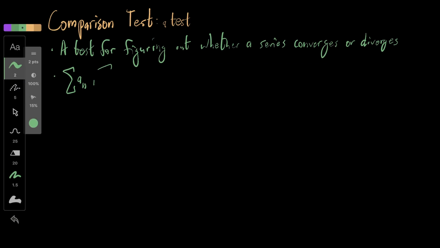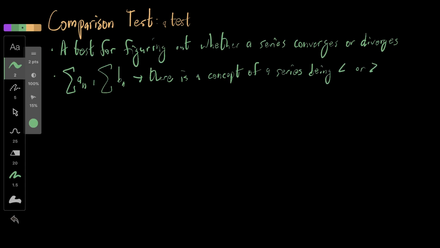This shows that there is a concept of a series being less than or greater than another series. Now, it might have felt obvious because some series converge and diverge, but this really solidifies it, literally using the fact that a series is less than another to prove something immensely fundamental about the series.